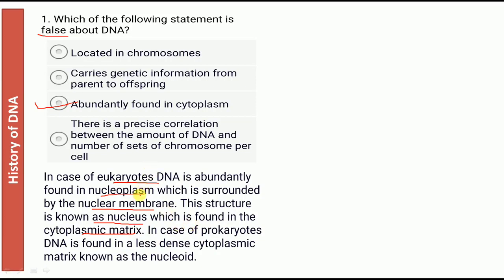This is in the case of eukaryotes, while in prokaryotes, DNA is found in a less dense cytoplasmic matrix region, known as the nucleoid. I hope this explanation is fine for you.